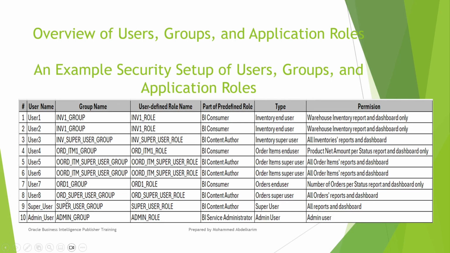User 8 is in the order super user group, will be part of the order super user role, which is part of BI content author. He is order super user, and he has the permission to see all orders report and dashboard. And we have super user. He can see all report and dashboard.